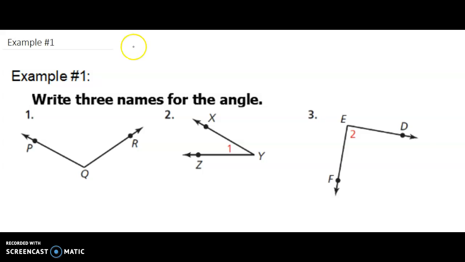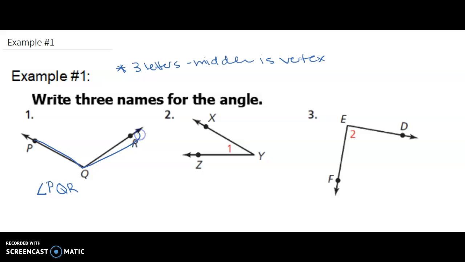So what always works is 3 letters, the middle one is the vertex. Like this one, we can name it angle PQR, and we always put the angle symbol. The way I do it is if I go from P to Q, Q to R, I make that angle. So PQR will always work.